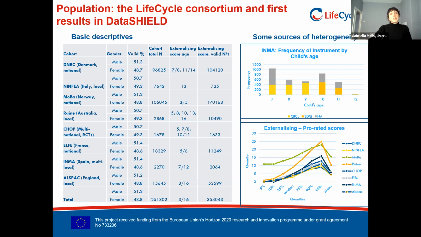Also, the range of the raw scores and prorated scores for externalizing varies across cohorts, age, and instrument, as cohorts have measured externalizing scores using sometimes different questionnaires, and also different questionnaires for the different age groups. So you can see there is a lot of heterogeneity, even just in terms of the measuring instrument used within each cohort.